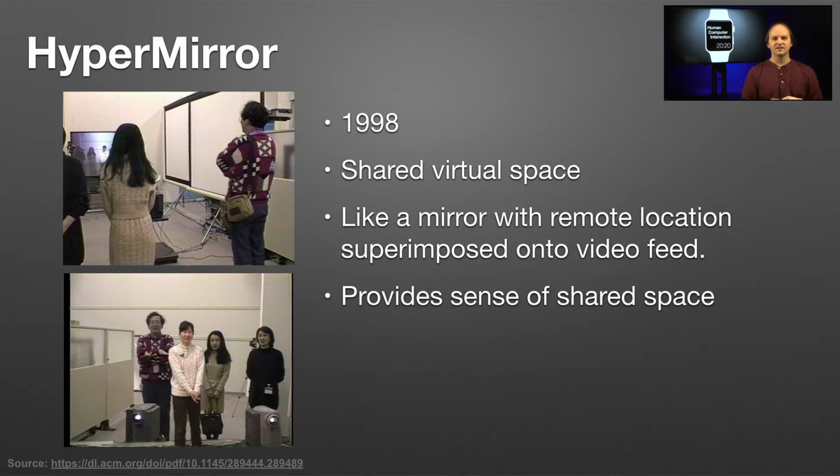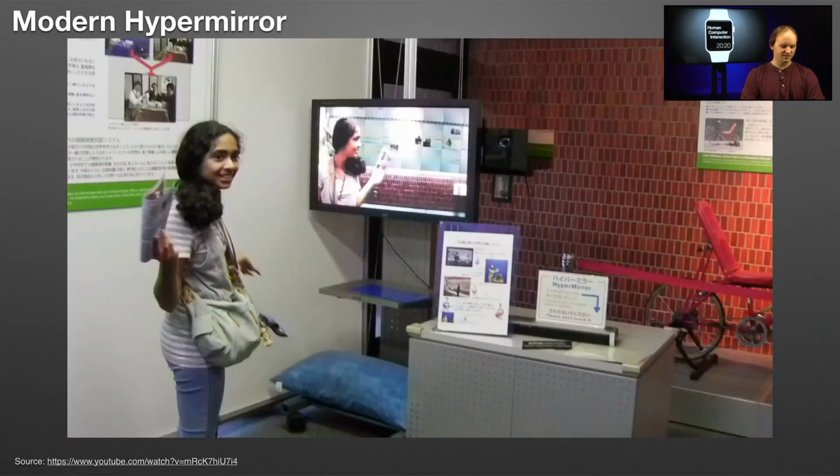So you all see each other on each other's mirror. You can see in this top picture that you see 3 people, and in the bottom picture you see a 4th person standing there who's not actually at that location, but is being composited in. I'll show you a quick video of a modern example of this.